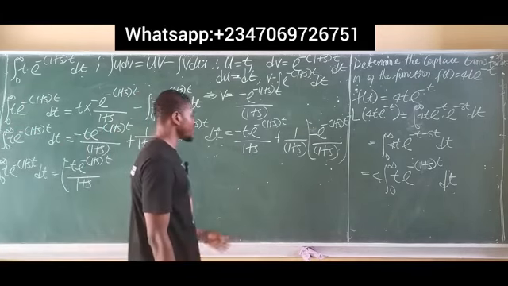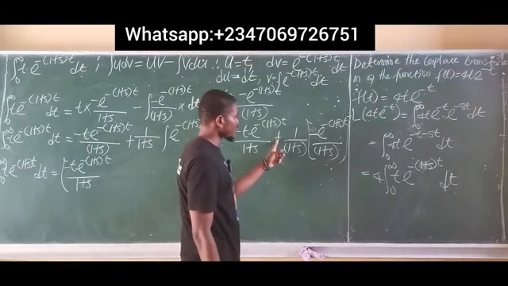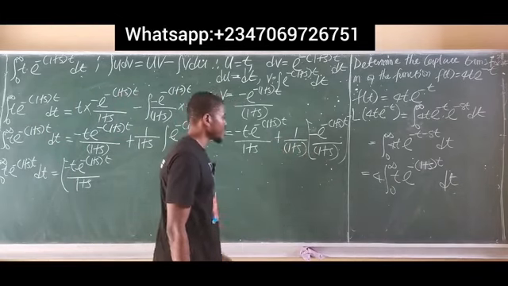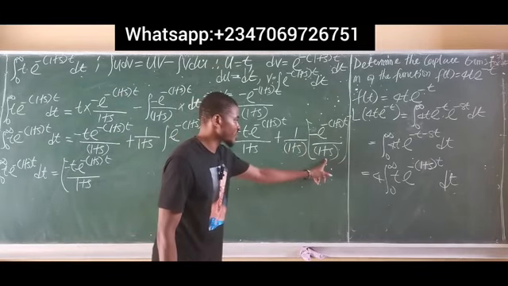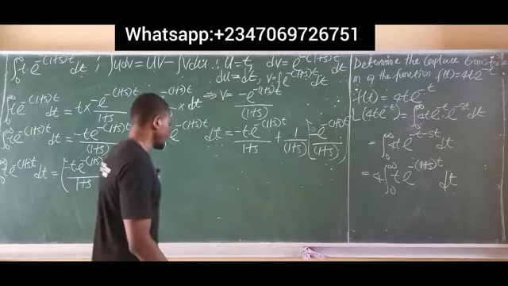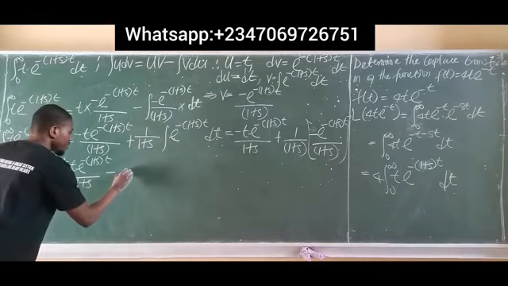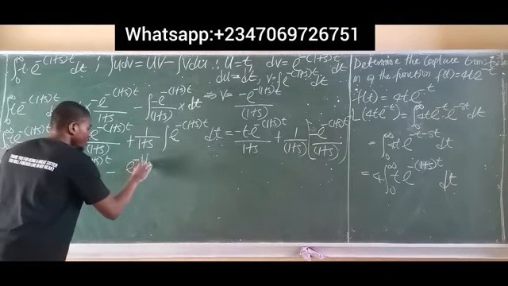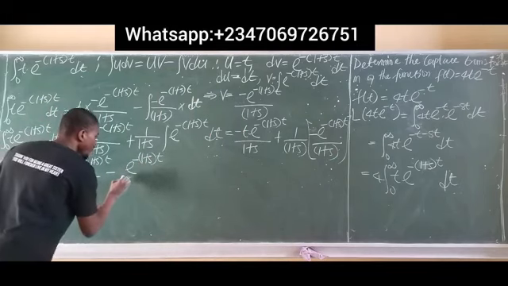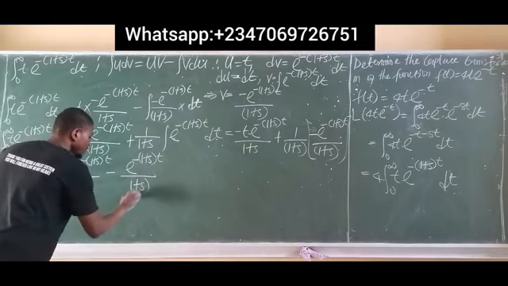Let's expand with this bracket. Plus times minus becomes minus. Again, (1+s) times (1+s) gives us (1+s) all squared. So this is now equal to minus e^(-(1+s)t) all over (1+s) all squared.